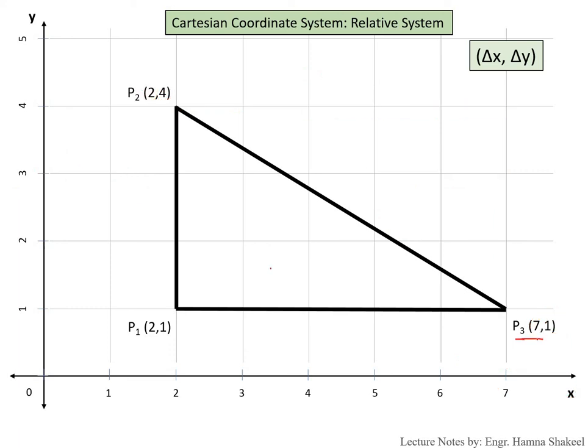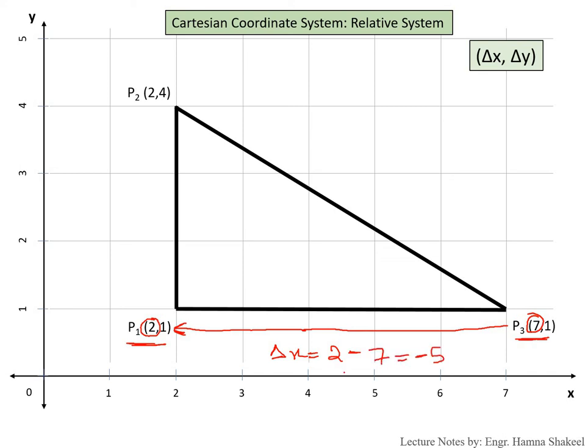If you move from point number P3 to P1 back, because you have to enclose this triangle, you're moving 1, 2, 3, 4, 5 units in the negative direction, towards the left. So delta x is equal to 2 minus 7.